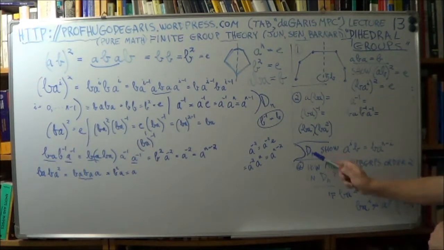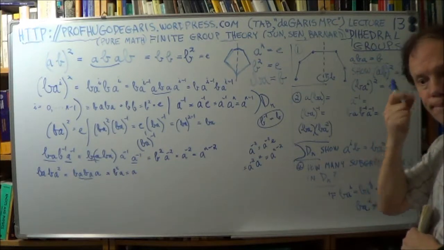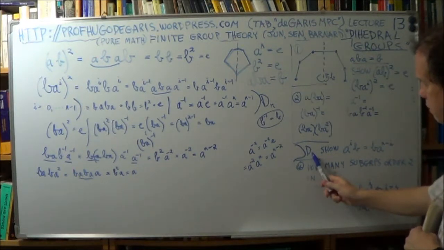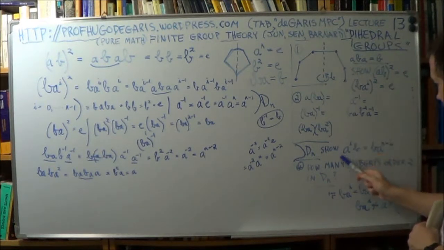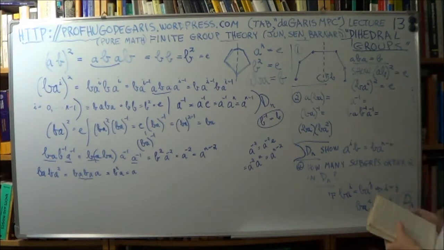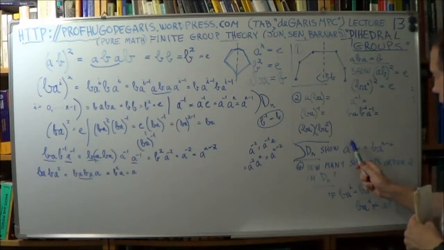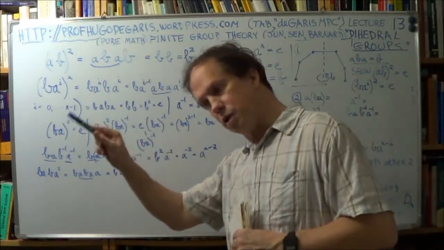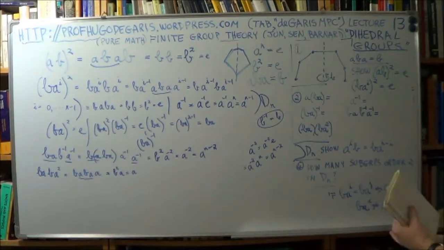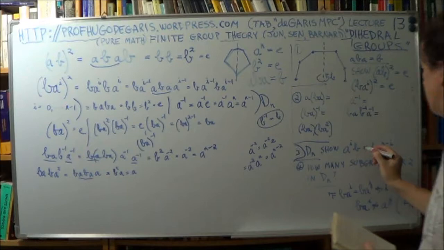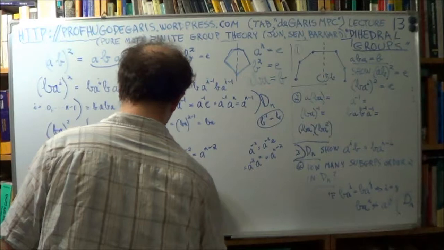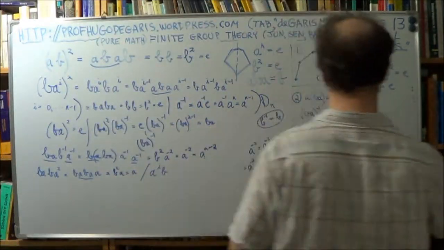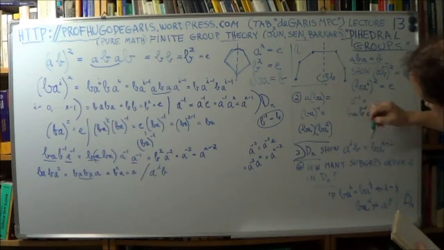Now, in the general context of your general dihedral group with n sides, regular polygon, n sides, you're to show this. A to the I, and I is general, so it ranges from 0 to n minus 1. You're asked to show that. That's question 3. So show that A to the I B is equal to... You're trying to bring the B to the left-hand side.